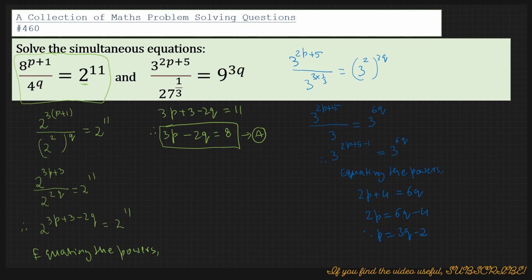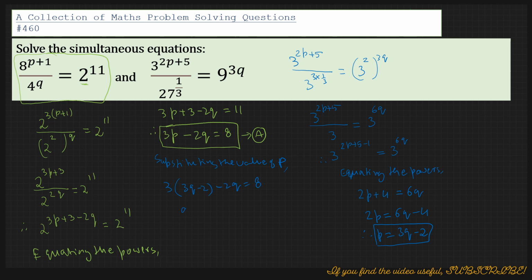Dividing throughout by 2. So now I have got this value of p, and I am going to substitute this in A. So substituting the value of p, I would get 3 times 3q minus 2, minus 2q equals 8.